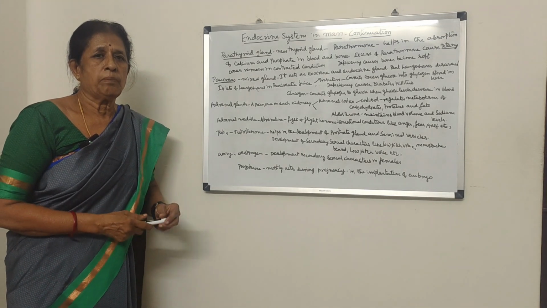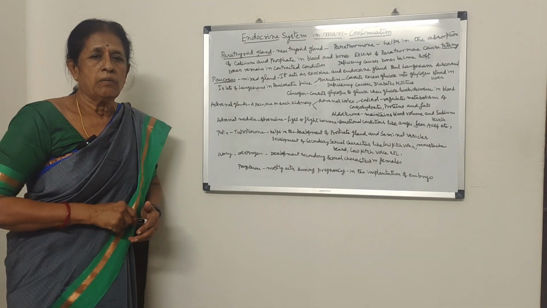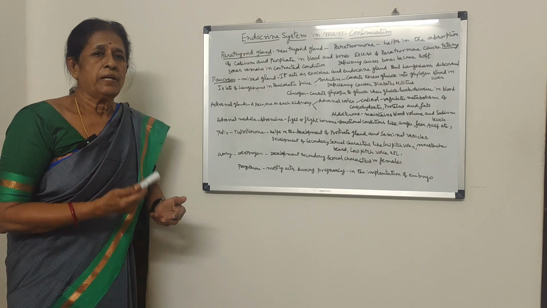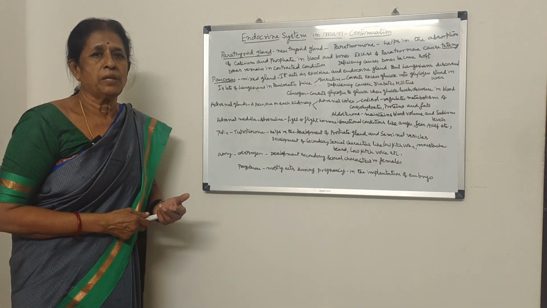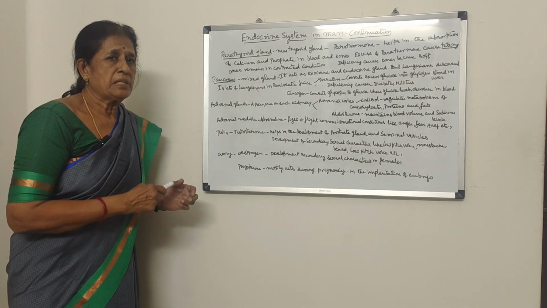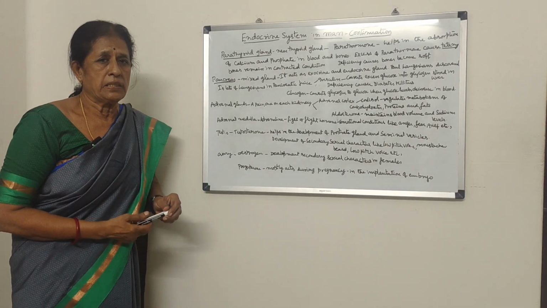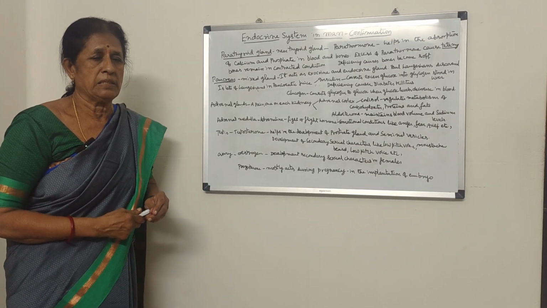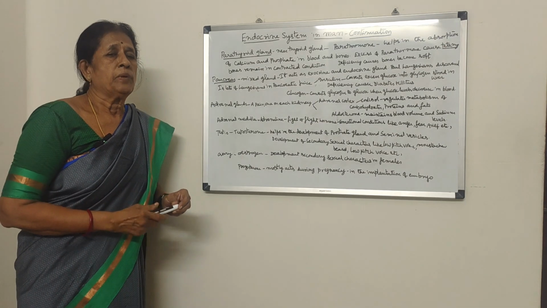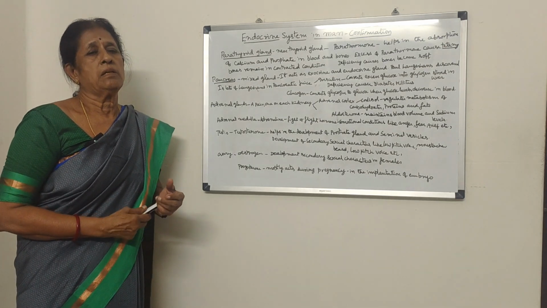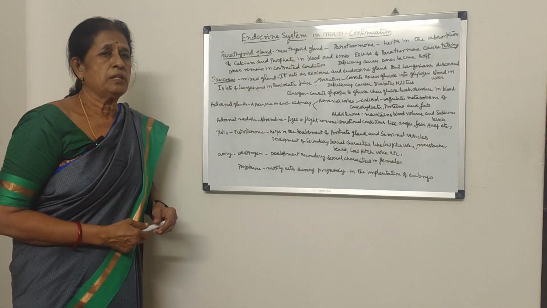That means suppose a person is chased by a dog, what will he do? Either he fights with the dog or he runs away from the dog. So this adrenaline helps to face abnormal, highly emotional conditions, and makes him either fight with the situation or run away from the situation.